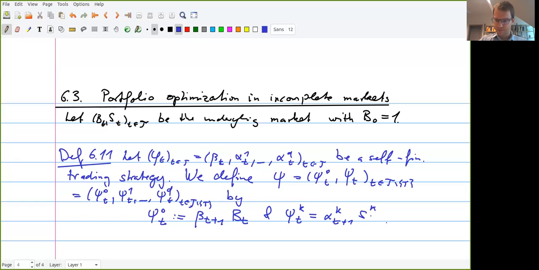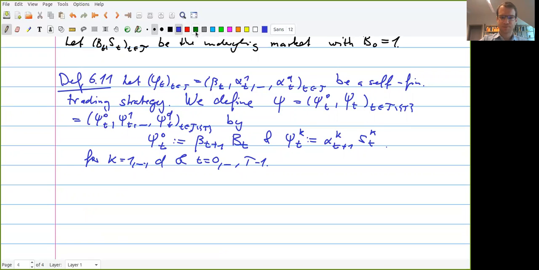So that's it. And this is of course the definition for k from 1 to D, since I have D of these assets. I can extend this also for the terminal time capital T as well, but it's not important anymore.